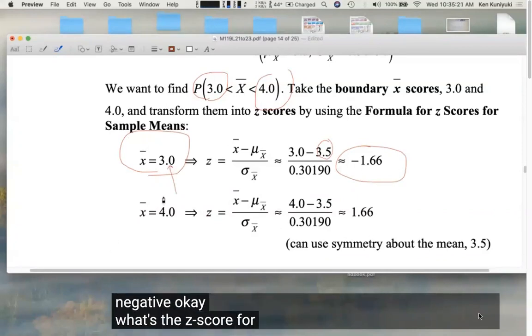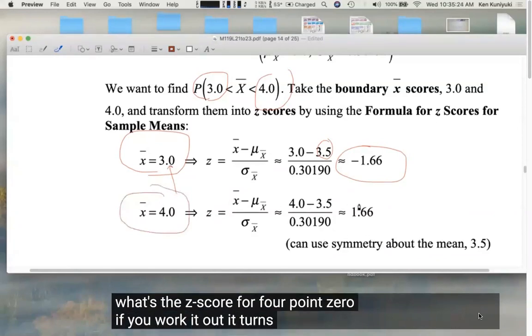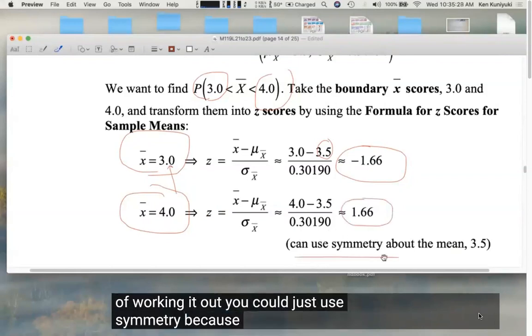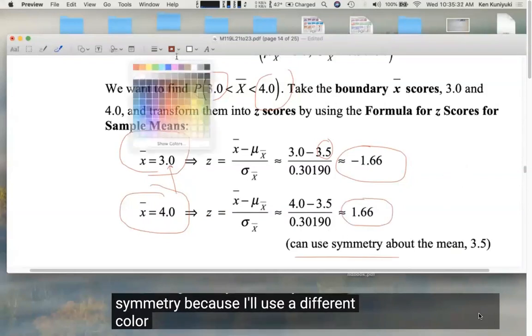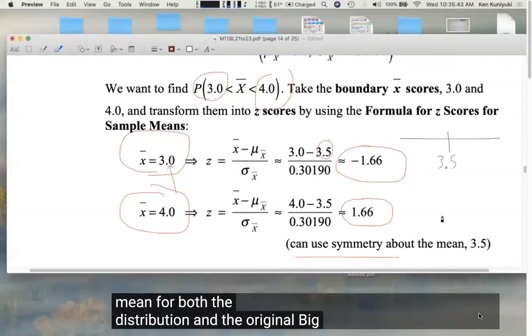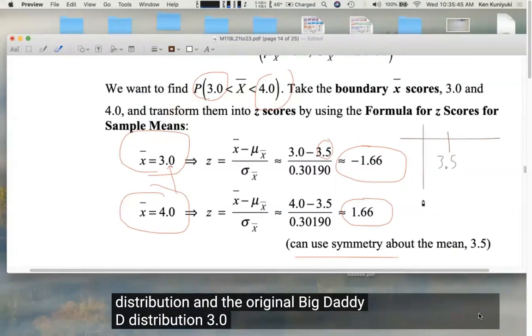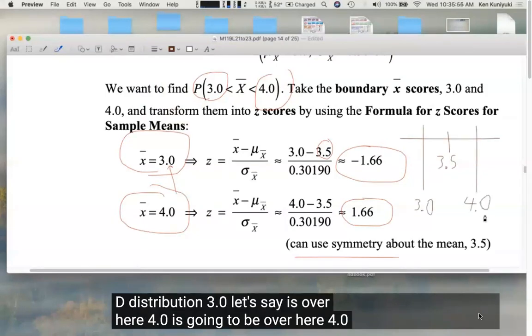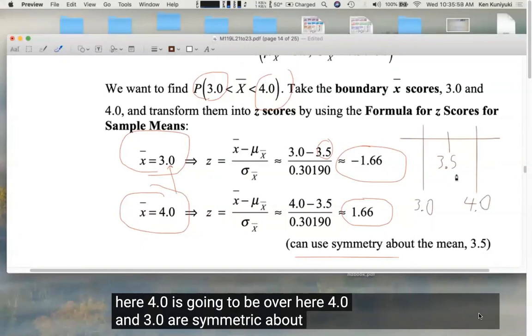Okay, what's the Z-score for 4.0? If you work it out, it turns out to be positive 1.66. Now, instead of working it out, you could just use symmetry. Here's 3.5, the mean for both the X-bar distribution and the original Big Daddy D distribution. 3.0, let's say, is over here. 4.0 is going to be over here. 4.0 and 3.0 are symmetric about 3.5.